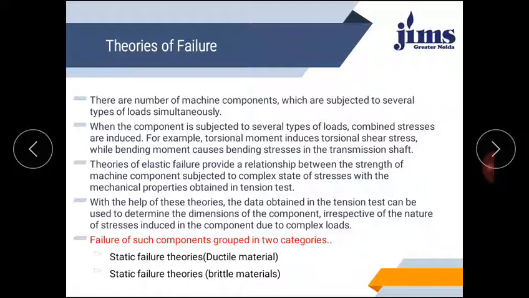In this situation we know there is uniaxial loading, so the properties determined are based on uniaxial loading.